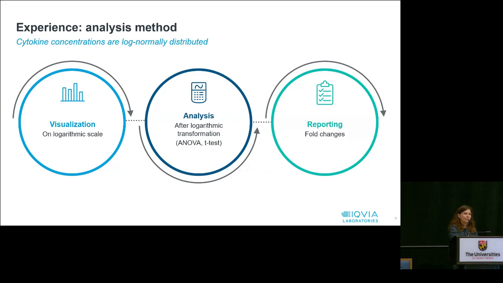It also means that if you do a parametric test like an ANOVA or a t-test, it's very important to first apply a logarithmic transformation to the data. And it also means that a good way of reporting results is in fold changes versus, for instance, an untreated condition or test drug versus RLD.